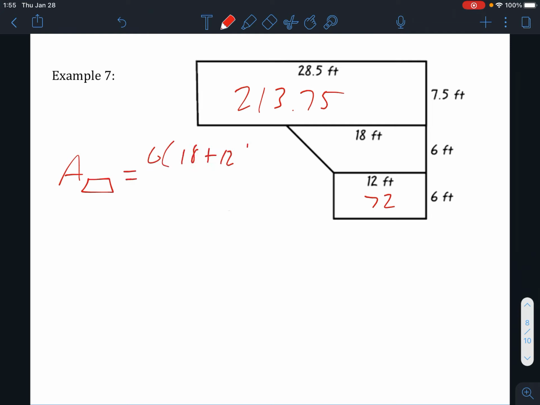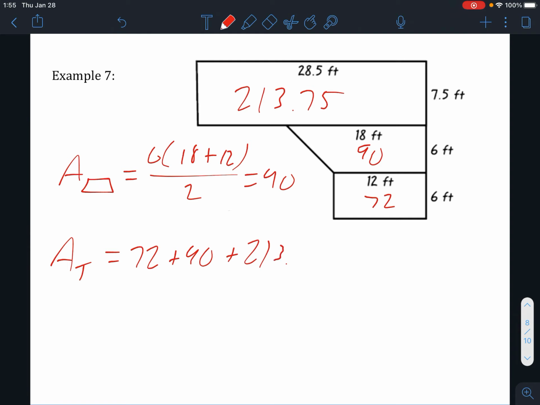The bases are 18 and 12. That would be an area of 90. So then our total area is just going to be 72 plus 90 plus 213.75. And that would give us 375.75, or if you want to round to the nearest tenth, 375.8.